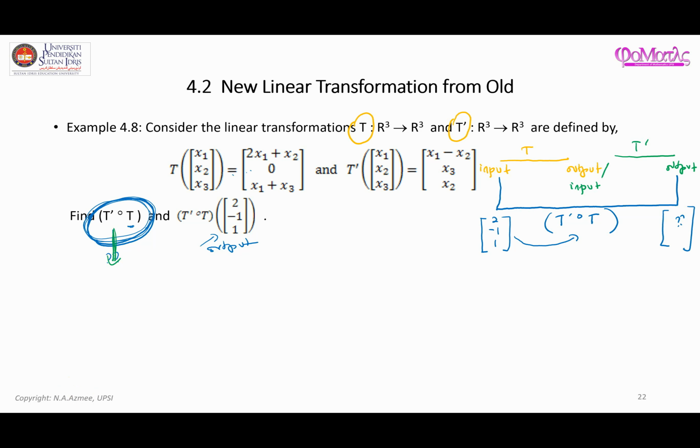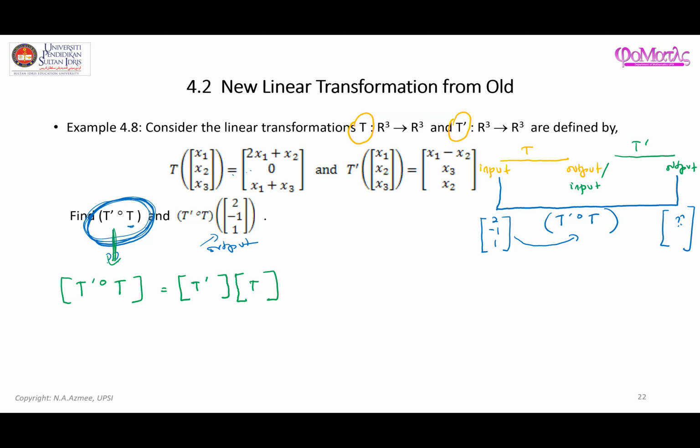That can be obtained if you consider standard matrices. So this here, the composition of these two functions, we can consider the standard matrices, in this order. So be careful with the order, multiplied with t.